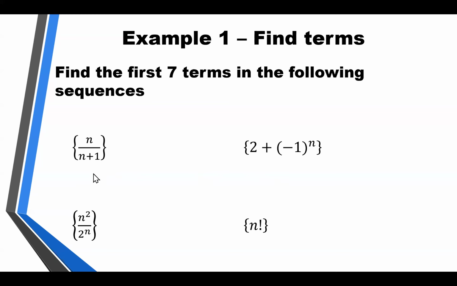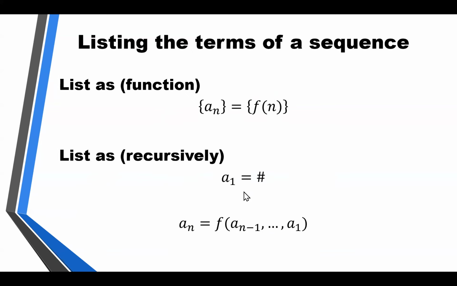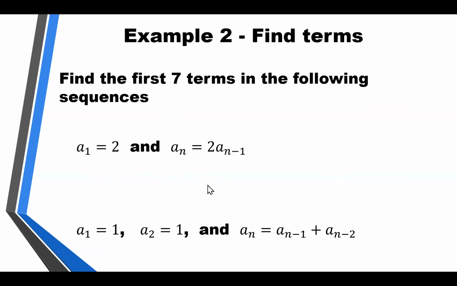So this is how we find the first few terms if our sequence is in the function notation style, whether it's written out this way or written out as a sub n is equal to the function notation style. Now we can also do the same thing with recursive sequences. We can find the terms here. So for instance, here's one sequence, A1 is equal to 2, and then A sub n is equal to 2 times A sub n minus 1.